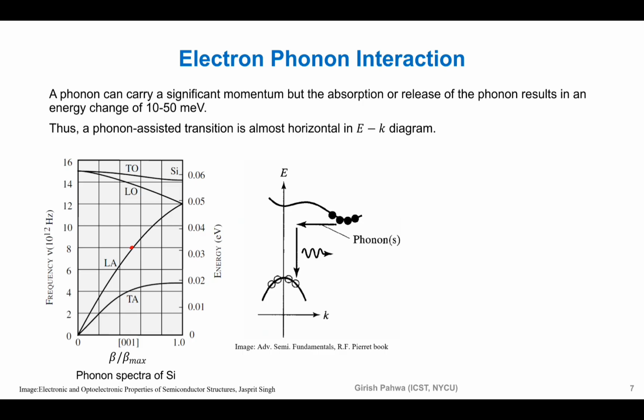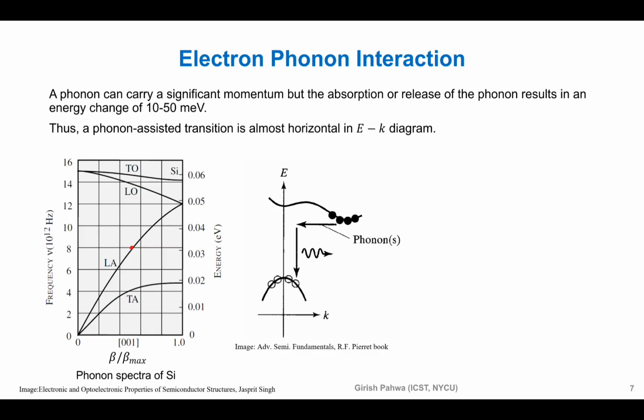This process is much more complicated than your simple band-to-band recombination process in a direct band gap semiconductor. Electron just had to release a photon. But because of the complex nature of the process and involvement of three particles, this process becomes very less probable. See, there are several processes and they are occurring simultaneously.